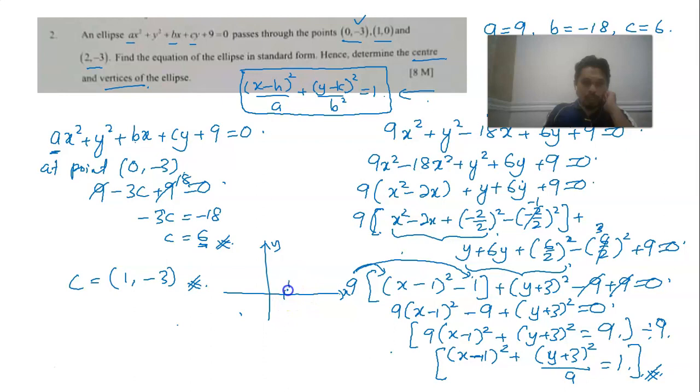Now this is 1 and this is 9. Consider this as A, where A squared equal to 9, so A equal to plus minus 3, and B squared equal to 1, so then B equal to plus minus 1.